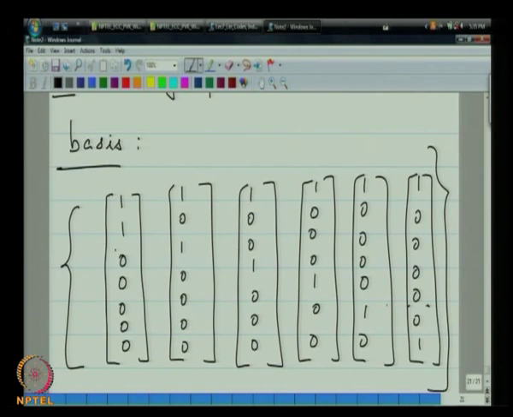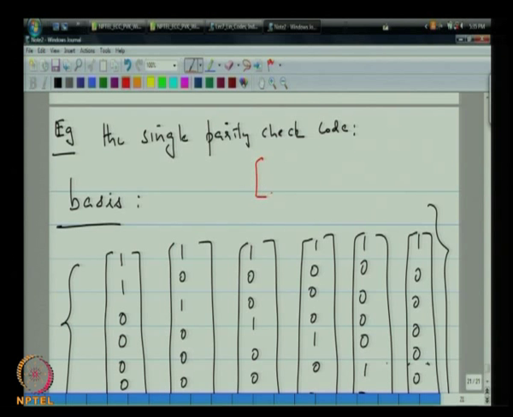This example came up earlier in connection with spanning, and I pointed out that this set spans the single parity check code, and they are obviously linearly independent. So, this is a basis. As a result, this code has parameters [7, 6], and from our earlier computations it is a [7, 6, 2] code.